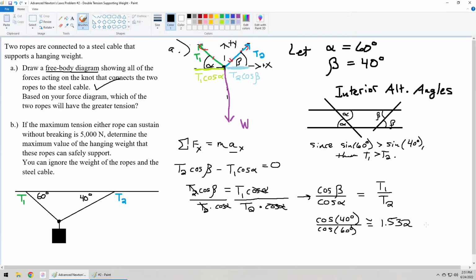So now I think we can conclusively say that based on the force diagram, using Newton's second law, the proper approach, and a little bit of background reasoning from trig to give us a good first approximation, we can properly say that T1 is greater than T2. So T1 is bigger.